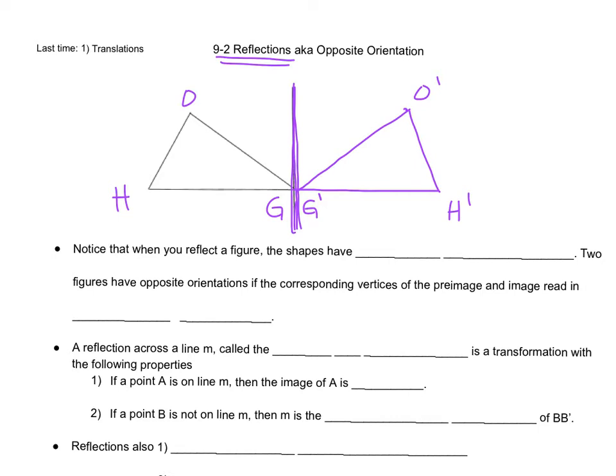With translations, everything was the same direction, right? You just took something and slid it to a new spot, but when you named it, you went in the same direction. With a reflection, it's opposite orientation, which means however you name the first one, in this case HOG, we are going clockwise.